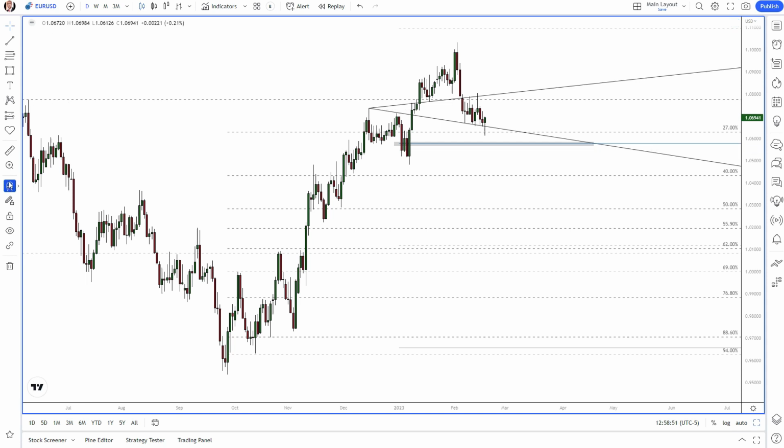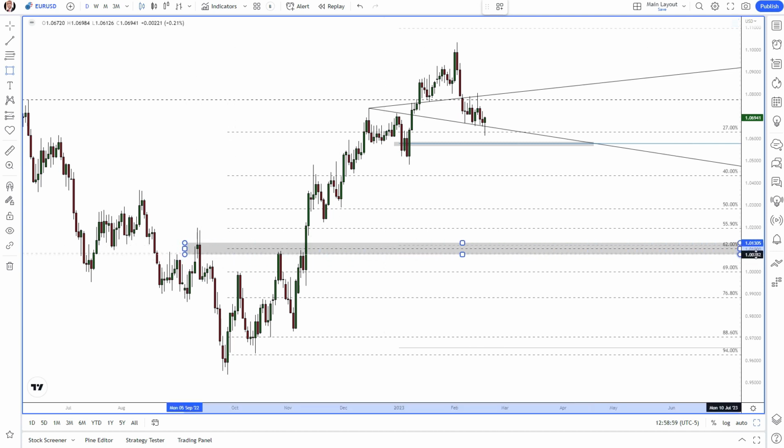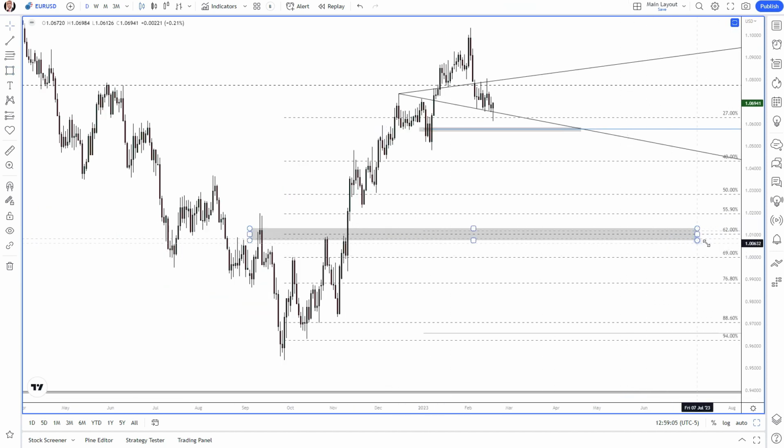But I like the fact that if we just start continuing lower, and I'm going to aim this level, this is a nice confluence. You can see this resistance zone matches up with that 62% and the median levels right over here. So this will be a zone to watch if we start trading below this zone right over here.